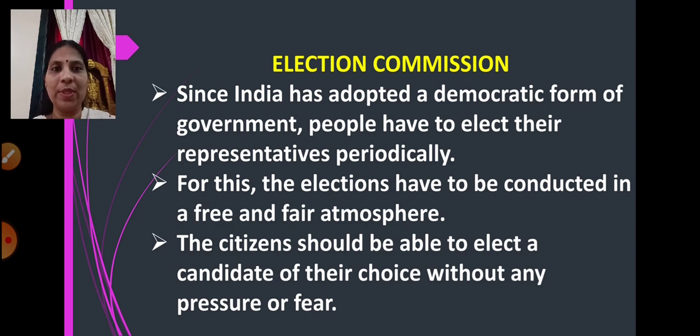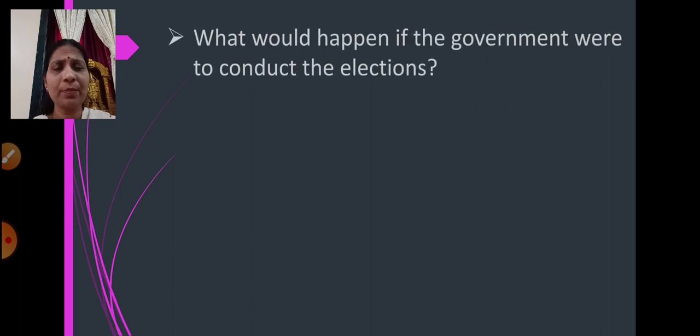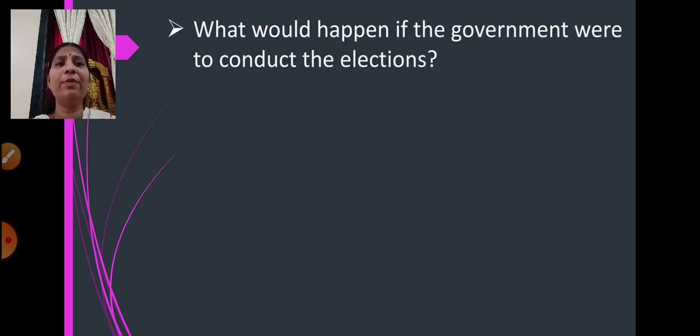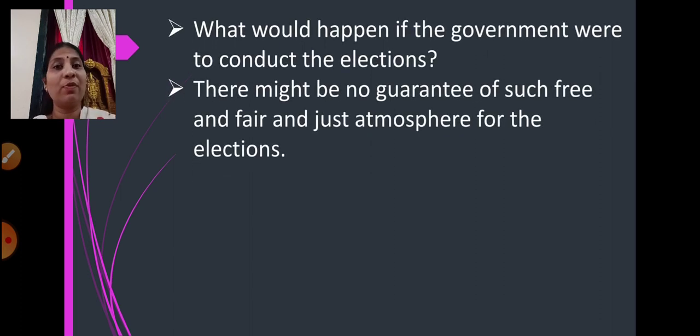And who will do this and how will it happen? Will the government do it? Okay, what would happen if the government were to conduct the elections? So when the government were to conduct the elections, there might be no guarantee of such a free, fair and just atmosphere for the elections. Yes, because for example, in a particular state, the political party A is having its government.